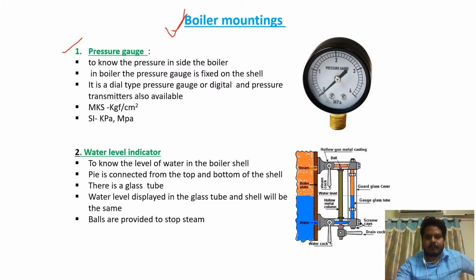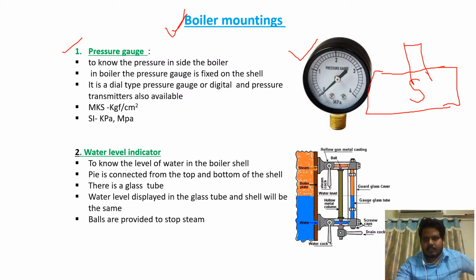Generally, pressure gauges are dial type or digital type. As you can see here in this figure, this is a dial type. Pressure gauges are fixed on the top of the shell. Here is the shell. Here they fix the pressure gauge.